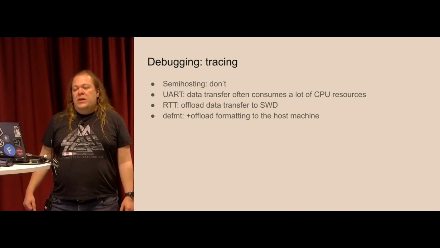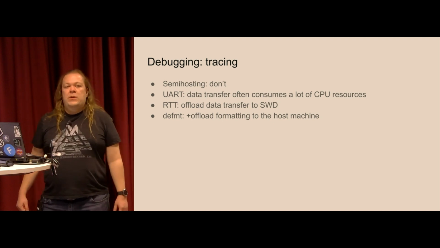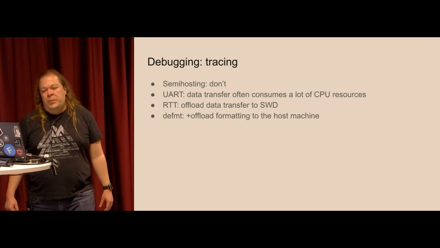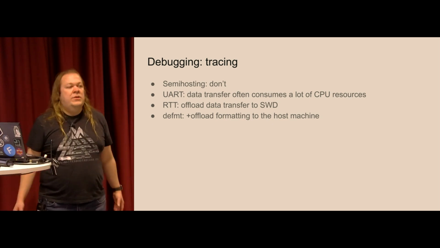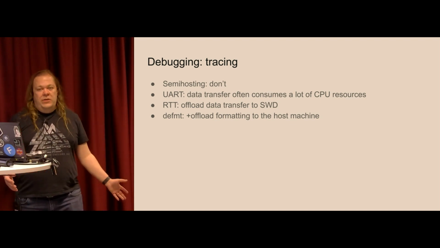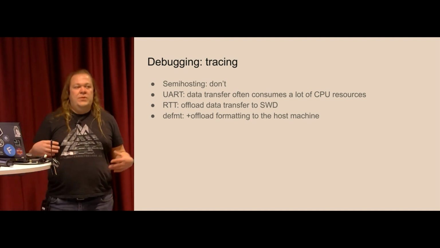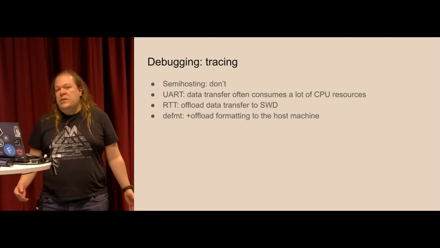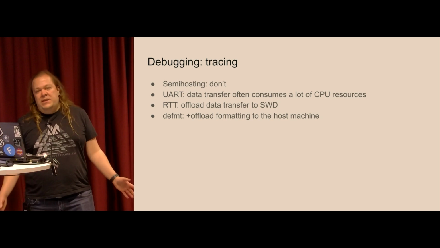The idea behind RTT is to offload data transfer to the debugger. So instead of sending something to the peripheral, like in case of UART, you just store this data in memory and wait until debugger grabs this data. But you don't wait right away, you just wait asynchronously when there is no space, for example. Or you can discard all data if there is no space.